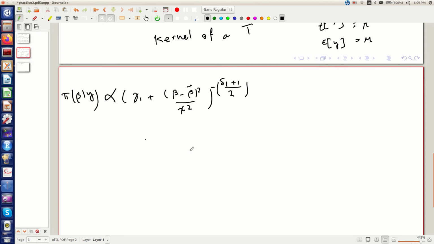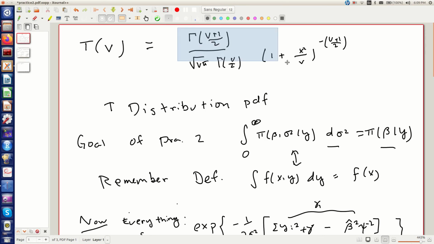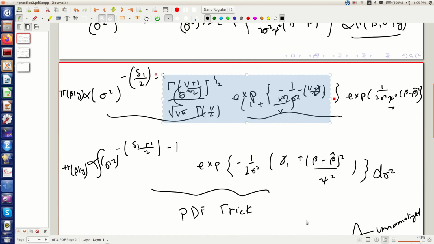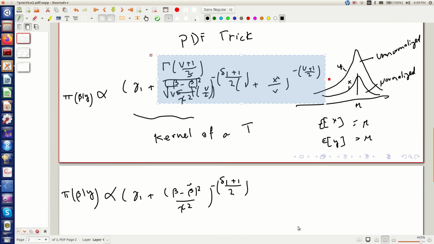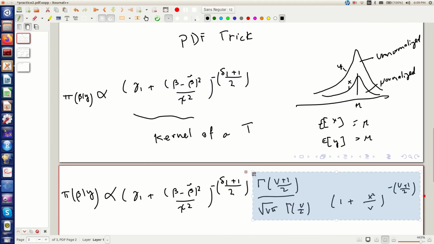Okay, now I just need to rearrange things, because you see here in the t distribution, to compare what we have here, I'll just make this real small.